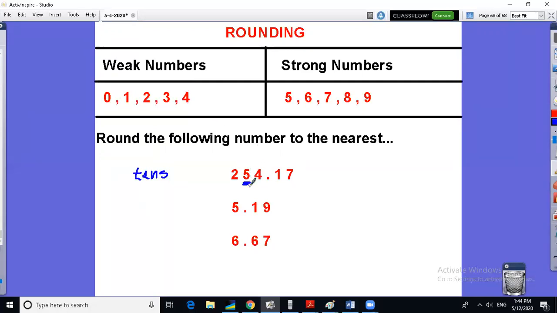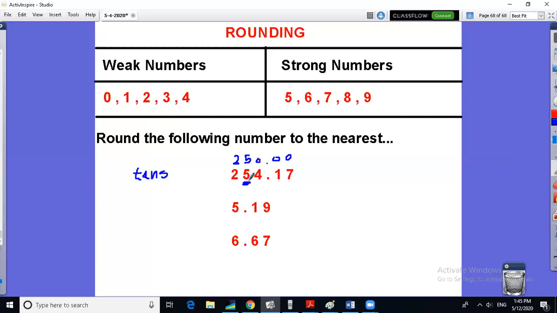So the 5 stays the same. Everything after it becomes 0. Everything before it stays the same. The rule, as we agreed: round to the nearest tens, underline the tens, look at the digit after it, weak or strong. Weak, 5 stays the same.